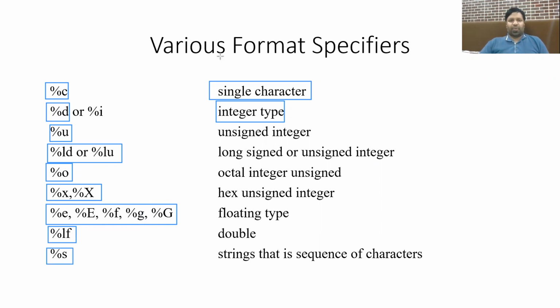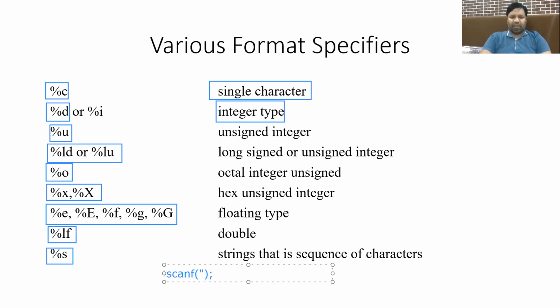Now let us suppose that we want to accept the input of a character, an integer and a float variable using a single scanf statement. Then what will be the syntax of the same? Please have a look at the bottom of the screen. We are going to write something like this: scanf followed by round brackets. First of all, you use the double quotes. The value of the first variable is of integer data type, so I am going to write %d.